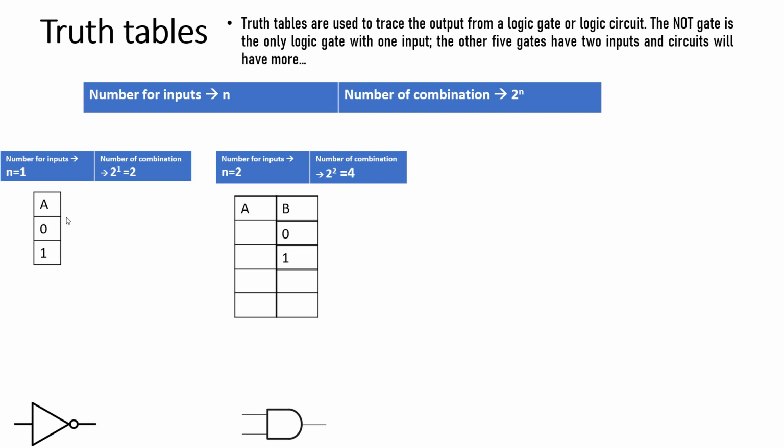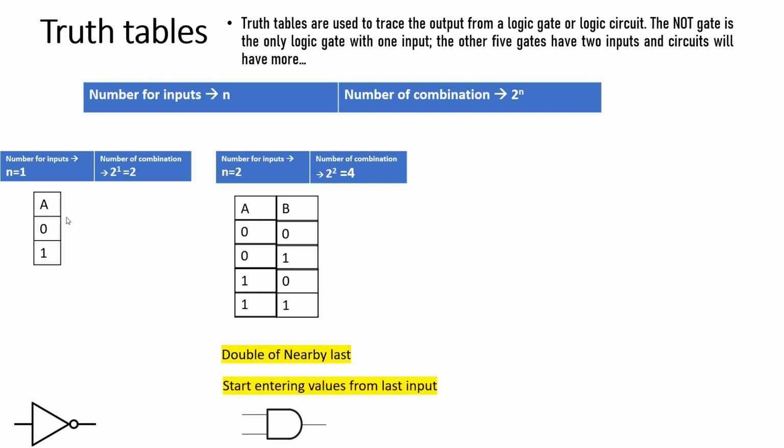So start with 0 1 0 1, followed by double the numbers. For example, A starts with 2 zeros, 2 ones. Okay, so start with the last one, 0 1 0 1. Then whatever is there, double it: 2 zeros, 2 ones. So start entering with the last input.